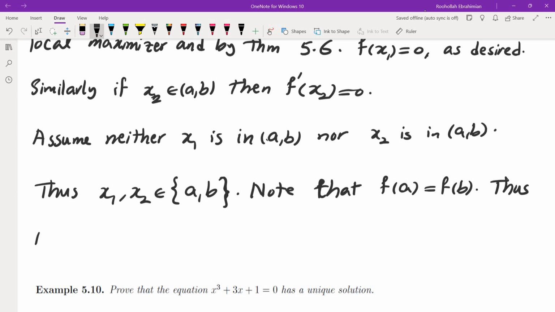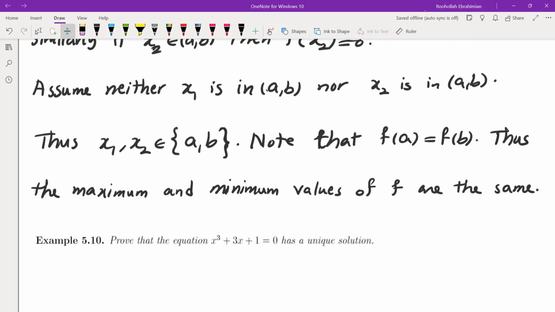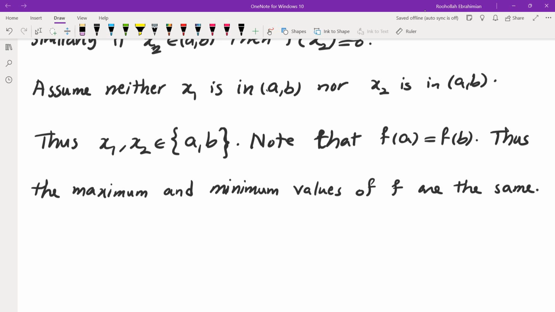Thus, the maximum and minimum values of f are the same. That tells us that this function is a constant.